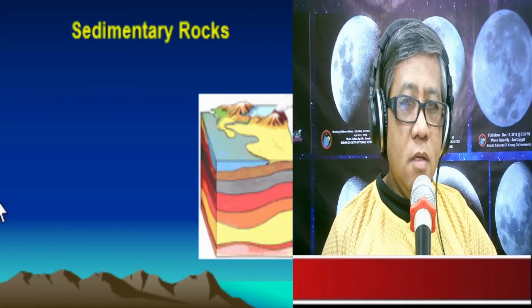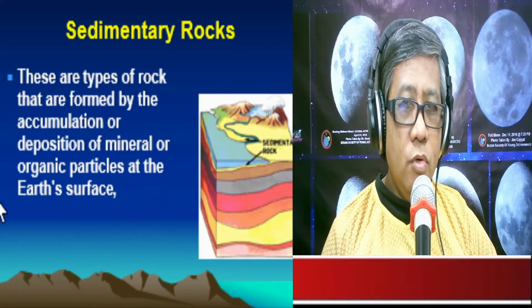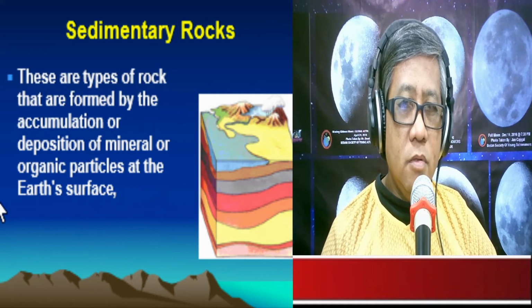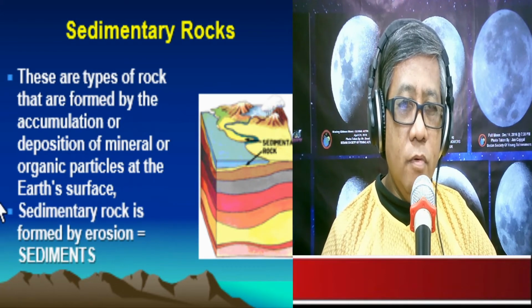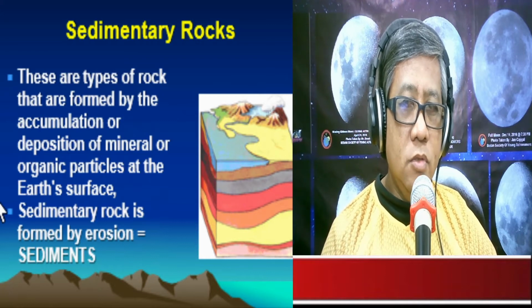Now, sedimentary rocks are rocks that are formed by the accumulation or deposition of mineral or organic particles at the Earth's surface. Sedimentary rocks are formed by erosion, and in the process of erosion, sediments are formed.